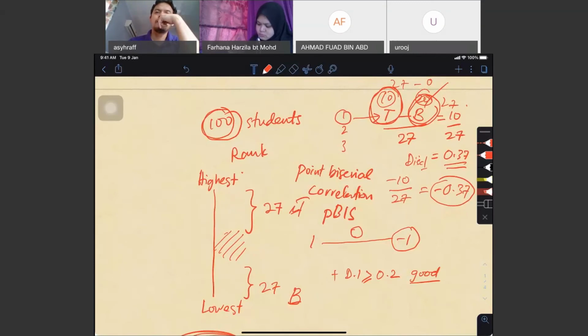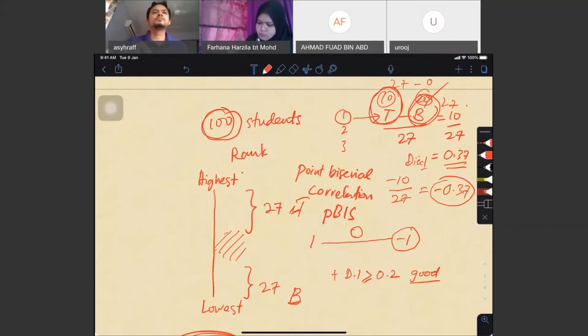I think all software which scans the multiple choice questions will have item analysis inside it. You just have to know where to look for it.